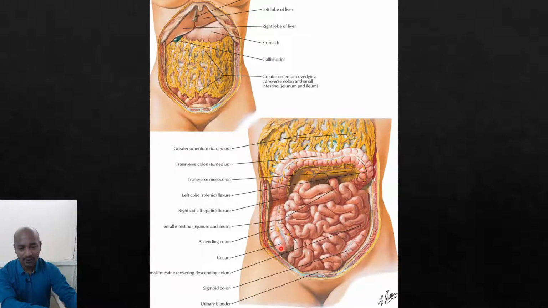Okay, the large intestine begins at the cecum, which is usually situated in the right iliac fossa. From the cecum you have the ascending colon, which makes a turn at the hepatic flexure or the right colic flexure, and then the transverse colon.